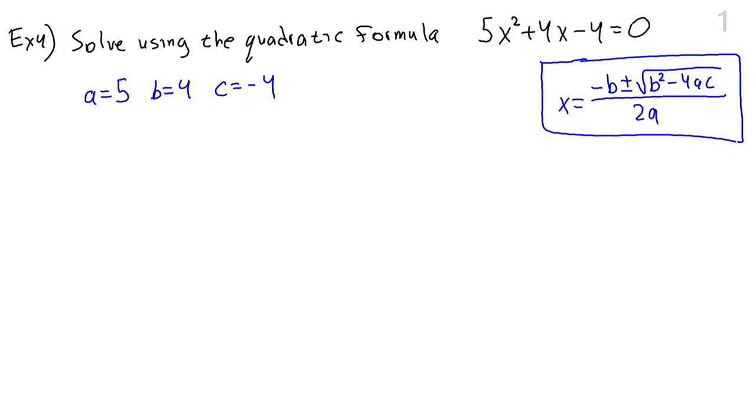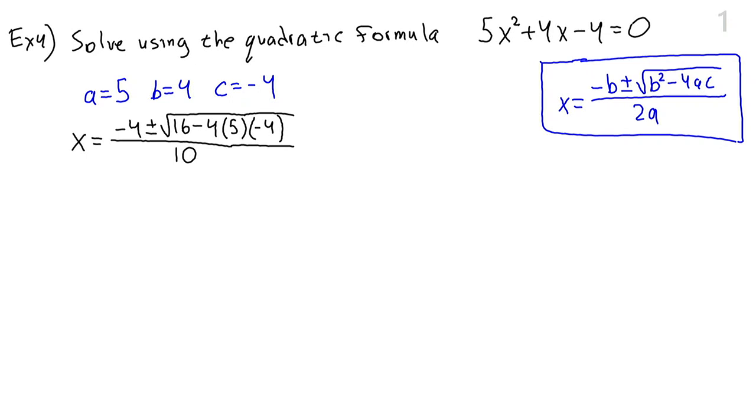So our solution is x equals minus 4 plus or minus square root of 16 minus 4 times 5 times negative 4. Be very careful with signs here. Put everything negative inside of parentheses, divided by 10.